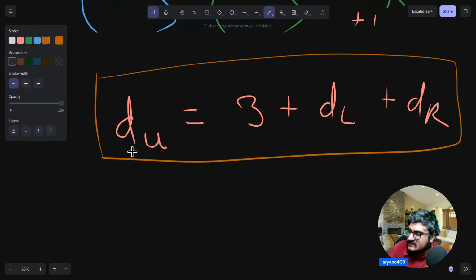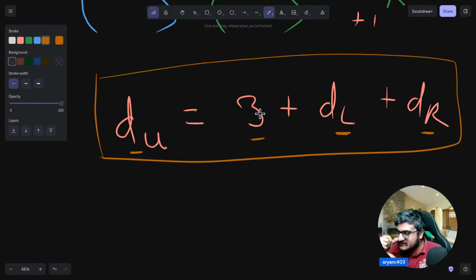This is when you are at U and nothing is written here. How much time does it take to go to the parent of U? You can recursively find it if you know how much time it takes to go to L and come back to the parent, and how much time it takes to go to R and come back to the parent. Then you take an additional 3 steps. You are at a node U, you go to the left child, then after some time you come back to U. Then you go to the right child.